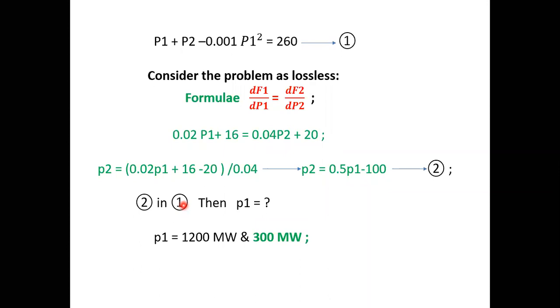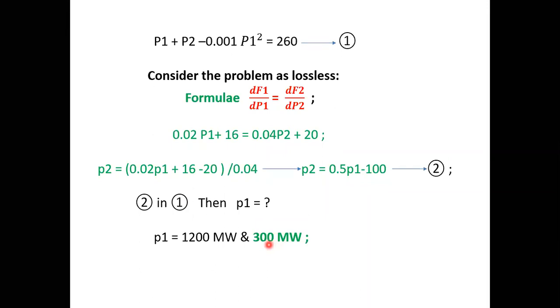That is also very, very important. Because your P1 is in terms of a quadratic equation, you will get two values of P1. Those two values are nothing but 1200 megawatt and 300 megawatt. Out of these two, we need to consider only 300 megawatt.